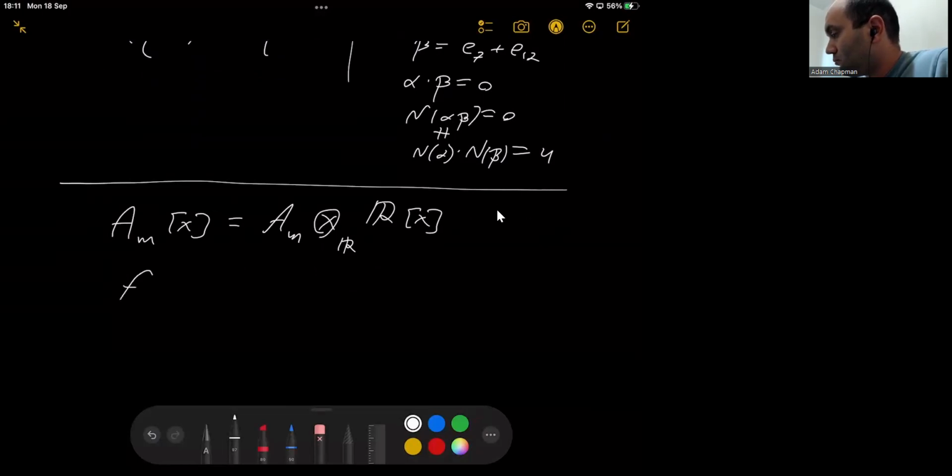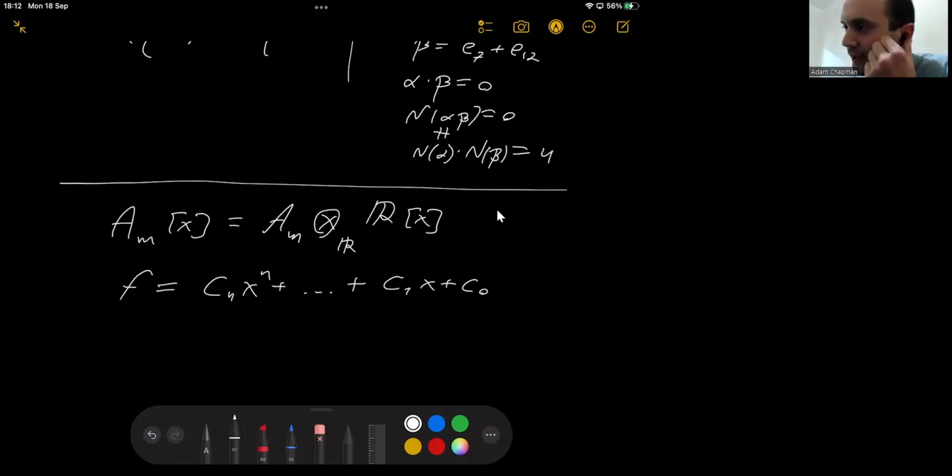And since x behaves like a real number, you can always put all the x's on the right-hand side. So you have a polynomial that always looks like C_n times x to the n plus whatever, up to C_1 times x plus C_0.